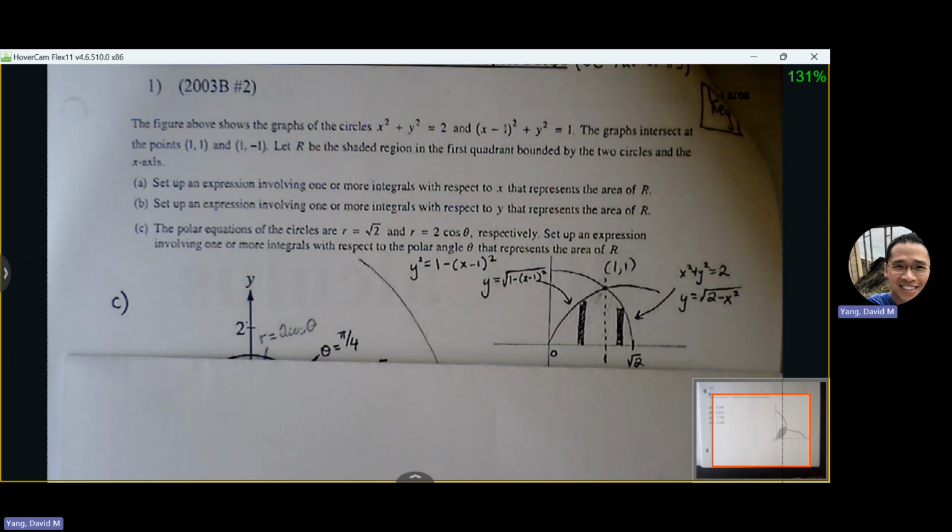It's not until part C that we're dealing with polar regions. So parts A and B are just AB review, setting up our area regions. Okay.